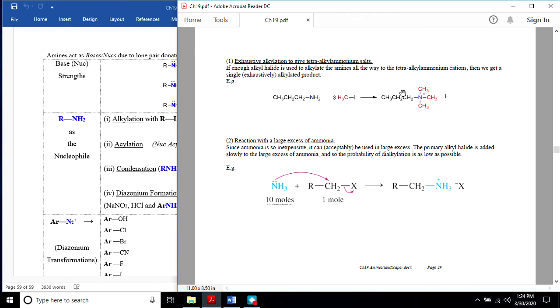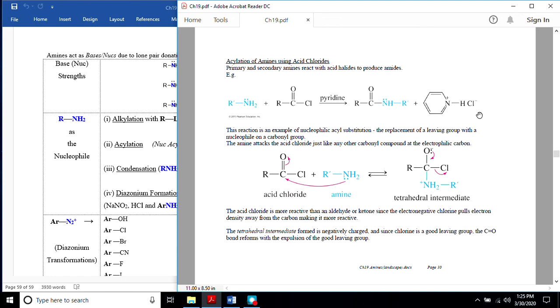Now if you don't have any hydrogens attached to that positive nitrogen, you cannot deprotonate to get back to a neutral amine. So this has basically been alkylated to its maximum extent. We call that an exhaustive alkylation. There is a use for these exhaustively alkylated species that I'll talk about now.